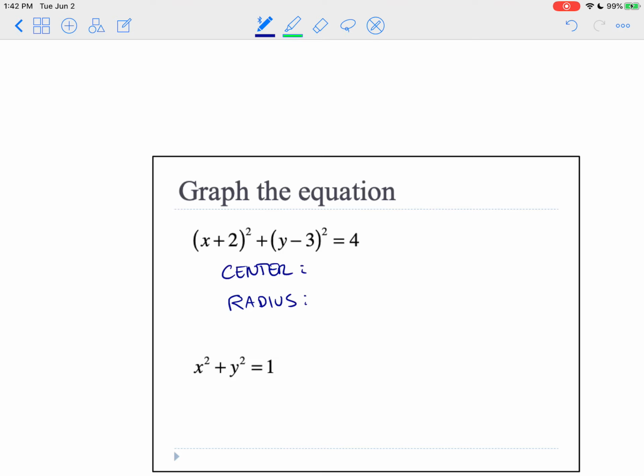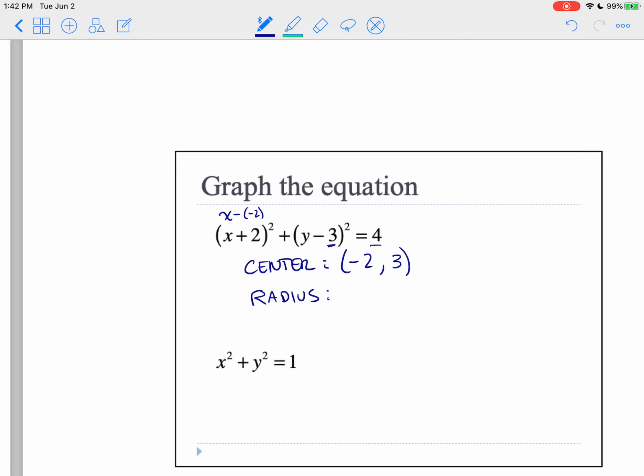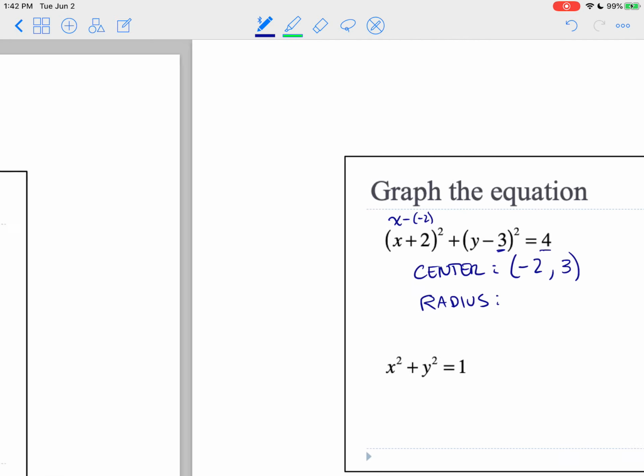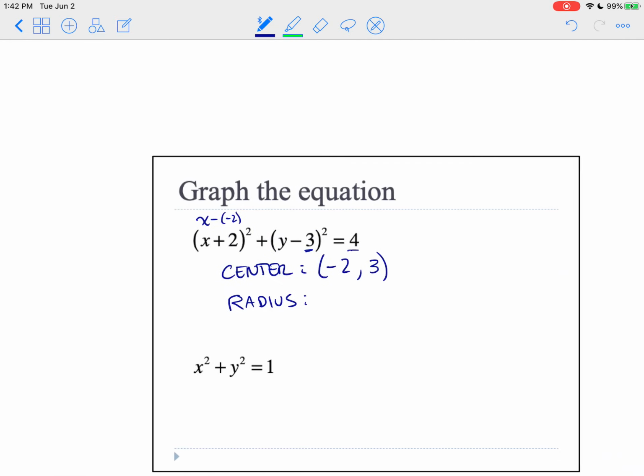So we can see that this is really x minus negative 2. So negative 2 is the x coordinate of the center, and 3 is the y coordinate of the center. And the radius in the equation is being squared, it's right here, so the radius here is really 2.